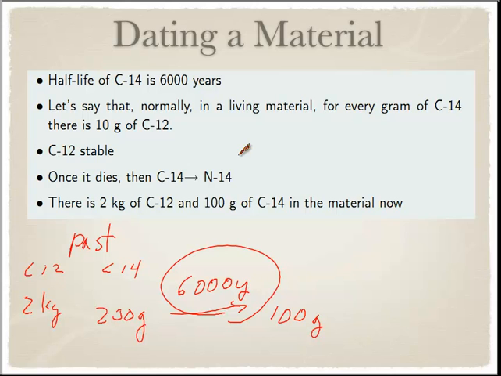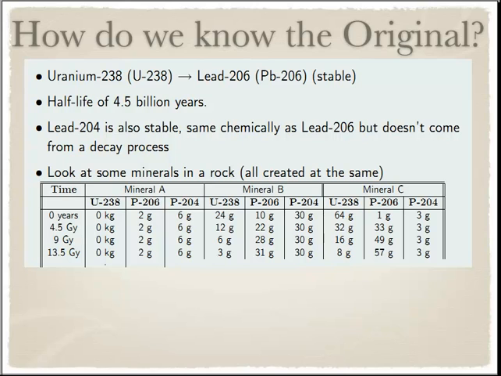So in order to figure out the age of material, you need to have something that has a half-life on the order of the age of what you're dealing with. Luckily, there are materials that have such long half-lives. One of these is uranium-238, which has a half-life of 4.5 billion years.